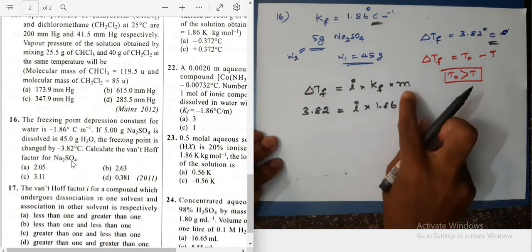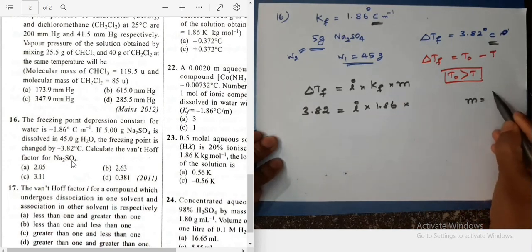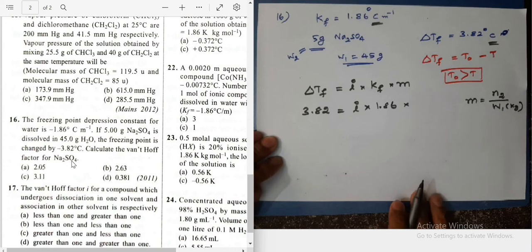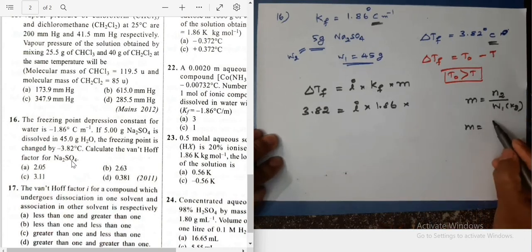Then what is the molality? You know very well, molality is number of moles of solute divided by mass of solvent in kilogram. Number of moles of solute is mass of solute divided by molar mass of solute.